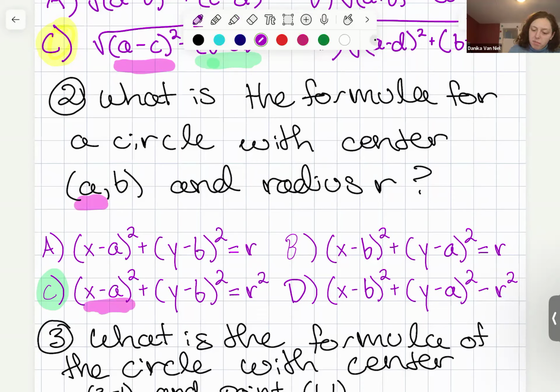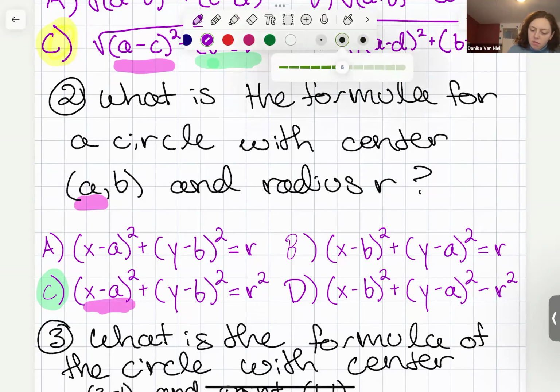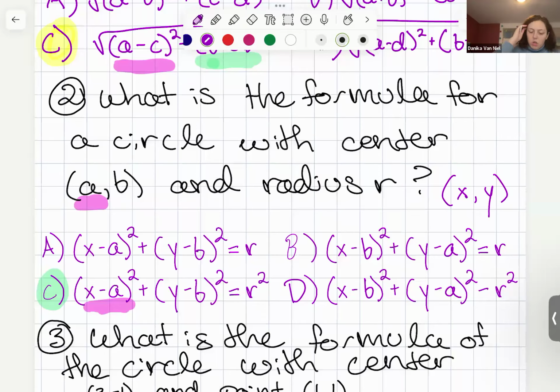Remember, we put points as X comma Y. I think you all do remember it because you all answered this part correctly. So I want to put my X's with my X's and my Y's with my Y's. And then this is just one of those things you just try to remember, that it's R squared.